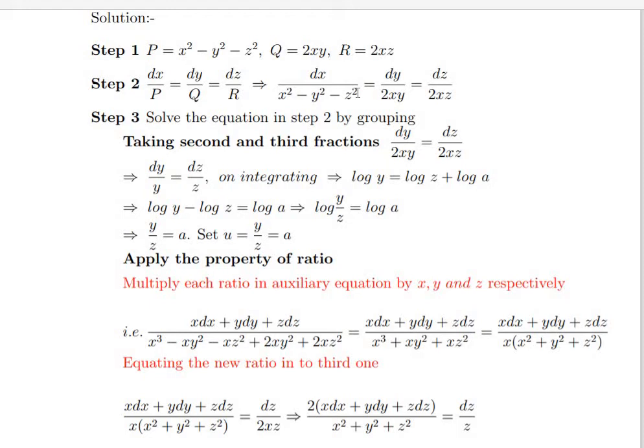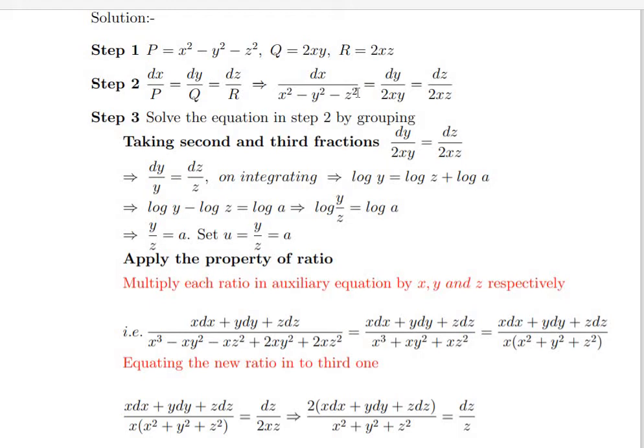So we have operated it like this, and we will equate this to the third fraction in the auxiliary equation. So on equating like that, we got x dx plus y dy plus z dz by x into x square plus y square plus z square equal to dz by 2xz. We have taken this 2 from the right side of the equation to the left side, so it will come in the numerator, so it will become 2x dx plus 2y dy plus 2z dz.